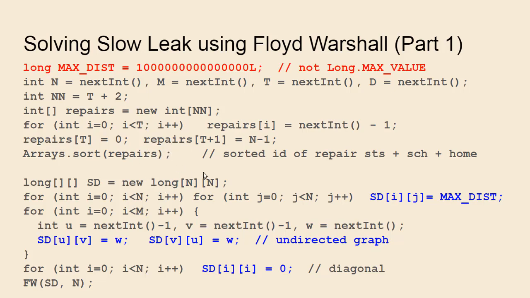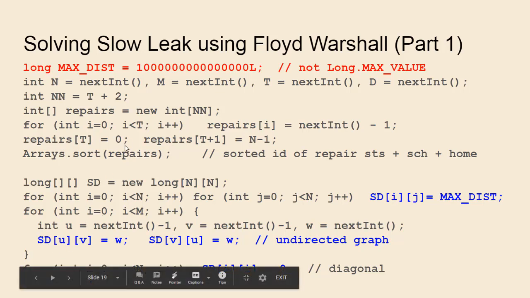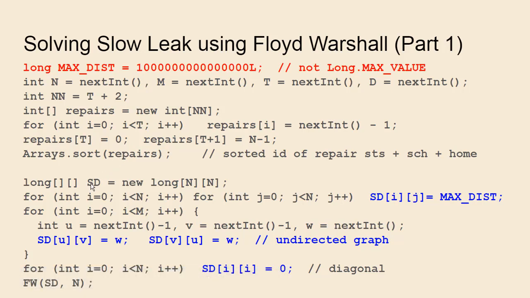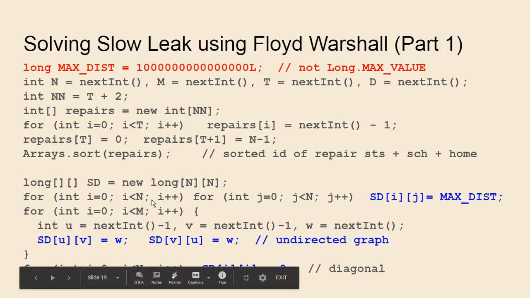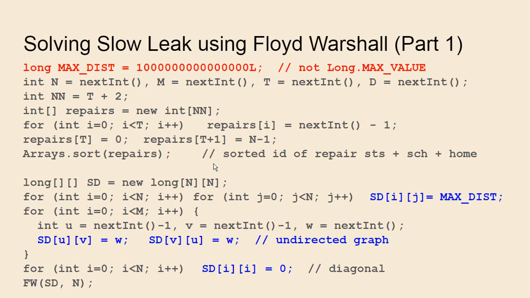So the next part is setting up to use Floyd-Warshall to compute all pair distances. I set up a 2D array, SD, which will be used in the Floyd-Warshall algorithm. Then I initialize it so that it first puts max distance into every value. And then for every edge, I initialize that into both SD[u][v] and SD[v][u] because this is an undirected graph.